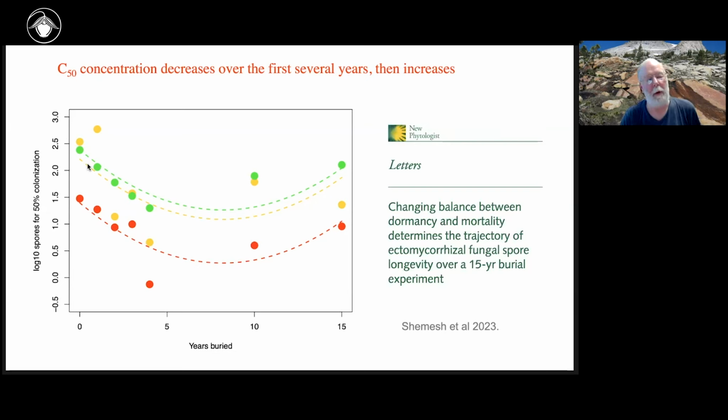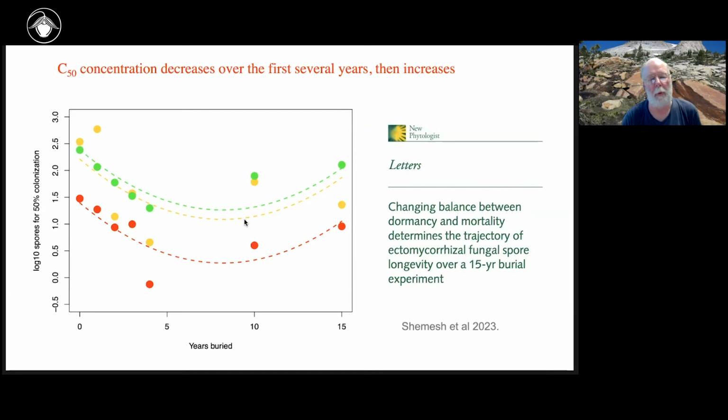What's happening here is we're breaking dormancy and recruiting some of these spores into a population that can then respond to these roots. And at the same time, there's mortality going on, so we're losing some spores, but the rate of dormancy break is greater than the rate of mortality early on.